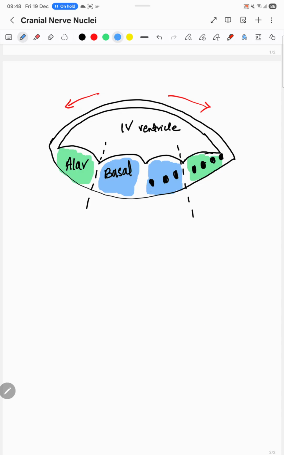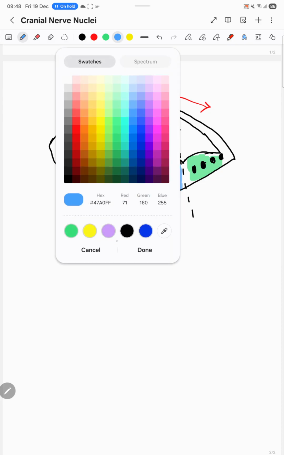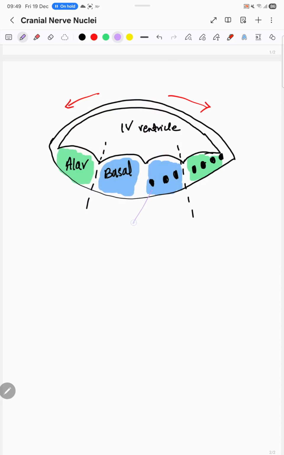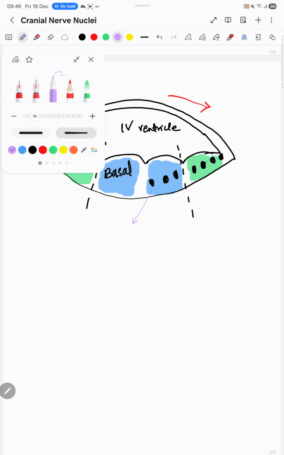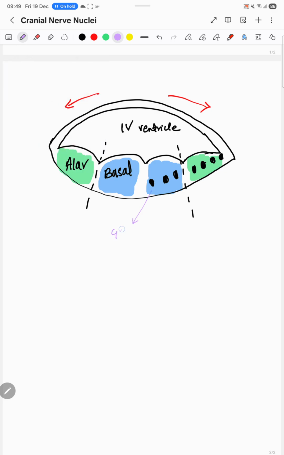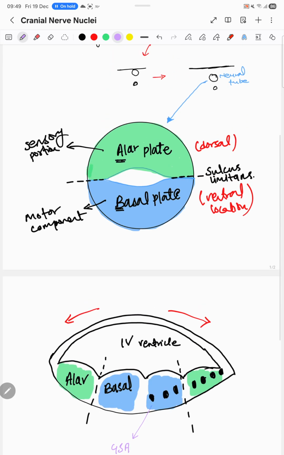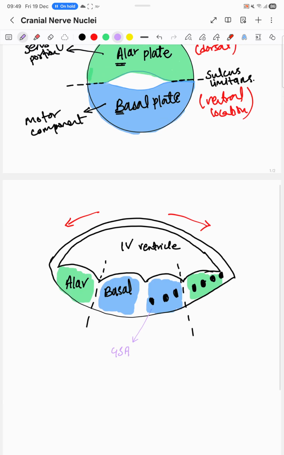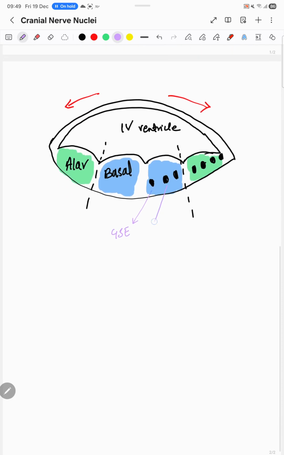This guy right here is called the general somatic afferent. Oh, apologies, sorry. This was the basal plate region, so this is the general somatic efferent. This one right here is called the general or special visceral efferent.